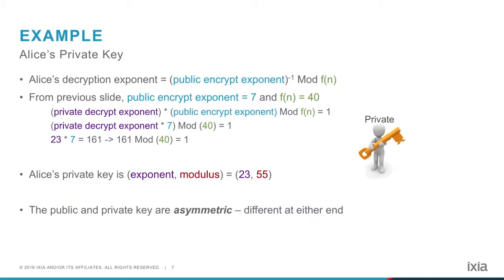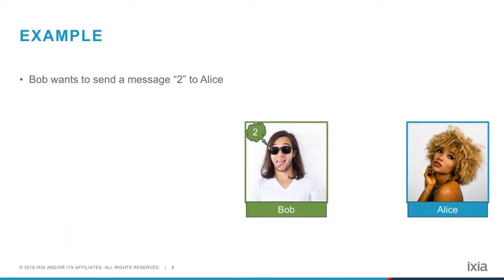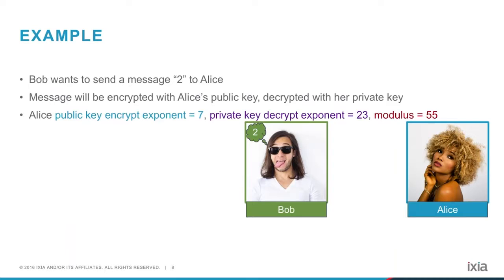So here's an example where Bob wants to send a message, in this case the number 2, to Alice. So remember, we encrypt with a public key, and we decrypt with a private key. So her public key encryption exponent is 7, her private key exponent is 23, and the modulus was 55.